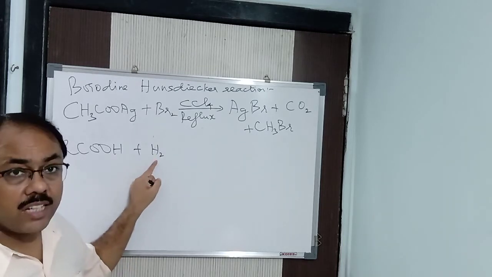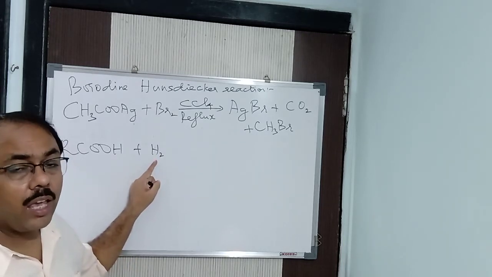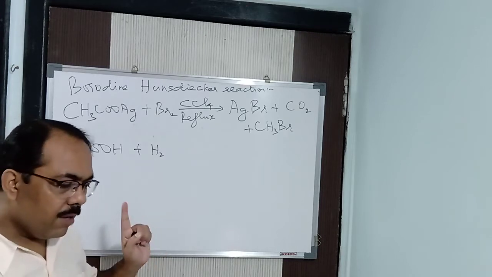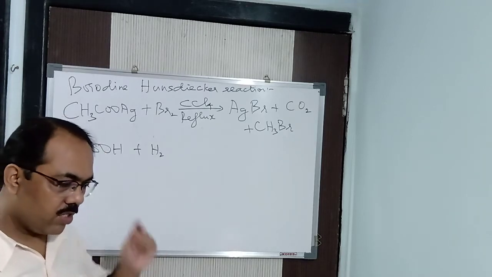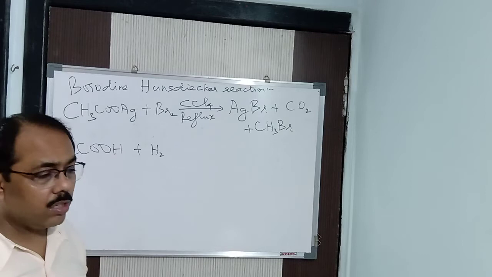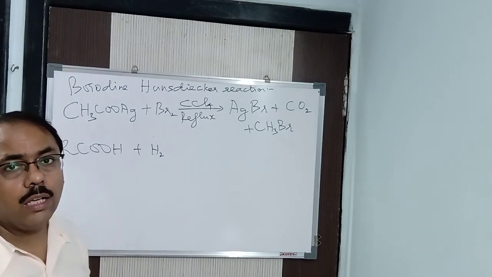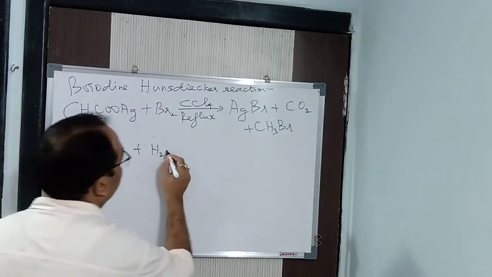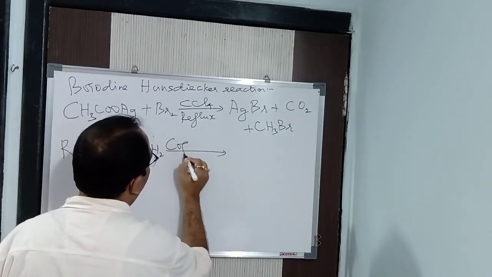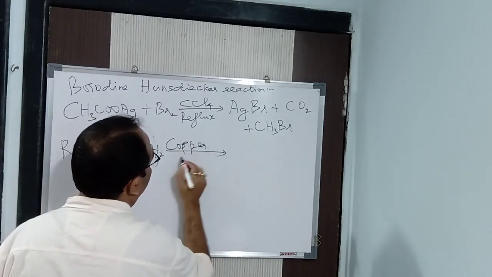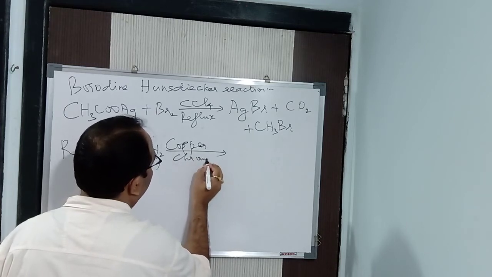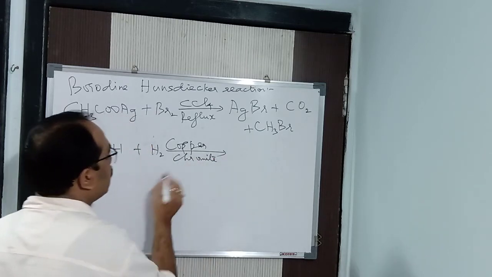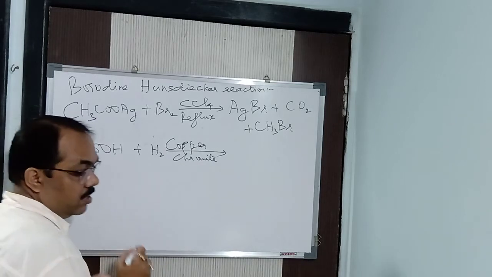But if you are taking molecular hydrogen, then you can go for catalytic reduction like nickel, platinum or palladium along with hydrogen, and heat it, or you can take copper chromite. Here copper chromite acts as a catalyst.